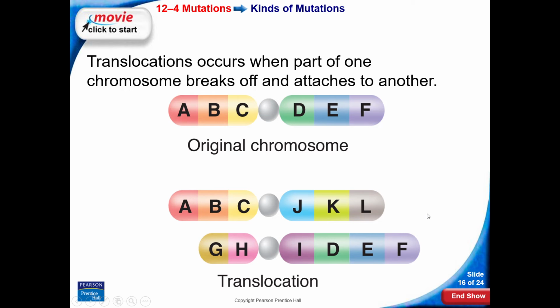One of the things we've already talked about in a past discussion is the idea of a translocation. Translocation basically is when one chromosome part breaks off and then attaches to another.